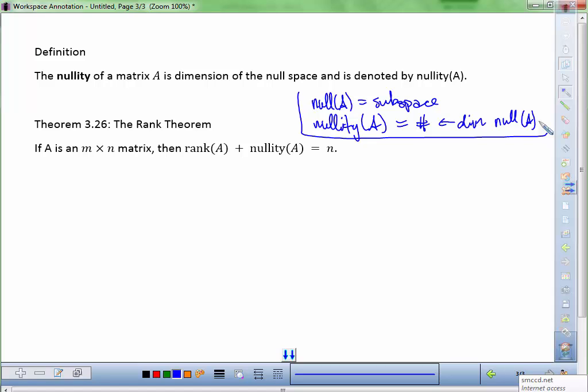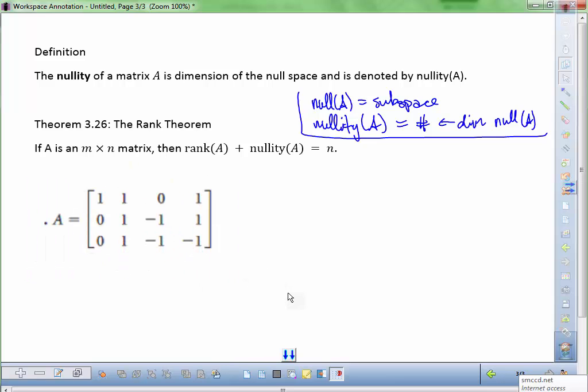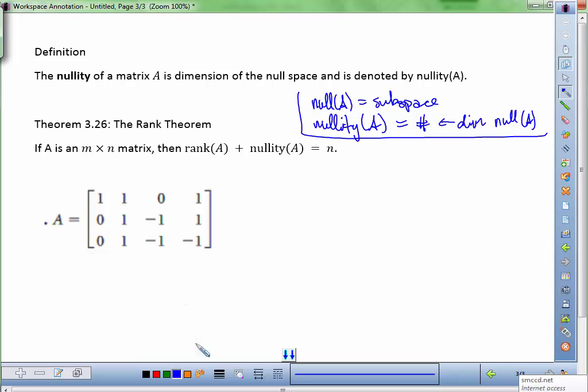So there's this thing called the rank theorem, where it adds the rank and the nullity of a matrix. It says that for an m by n matrix A, the rank of A plus the nullity of A should equal n, the number of columns.